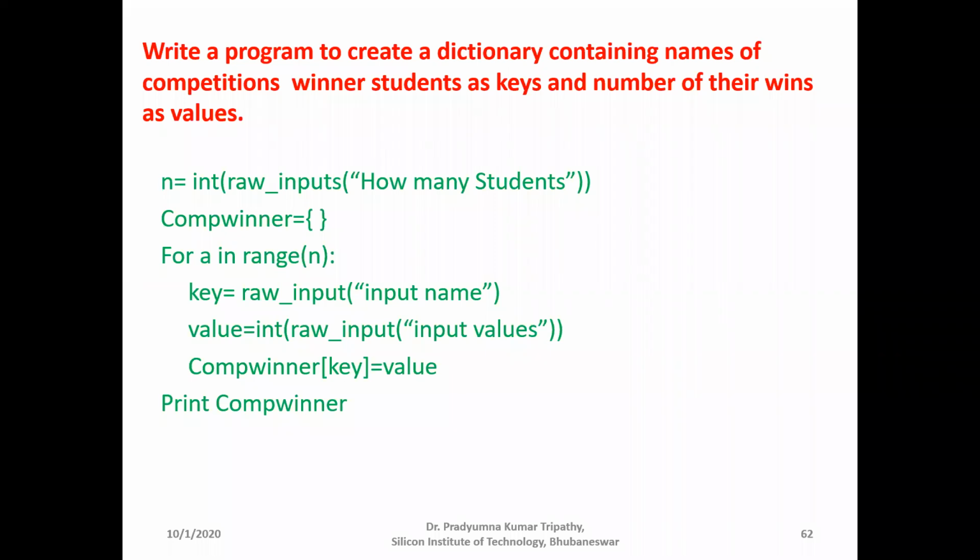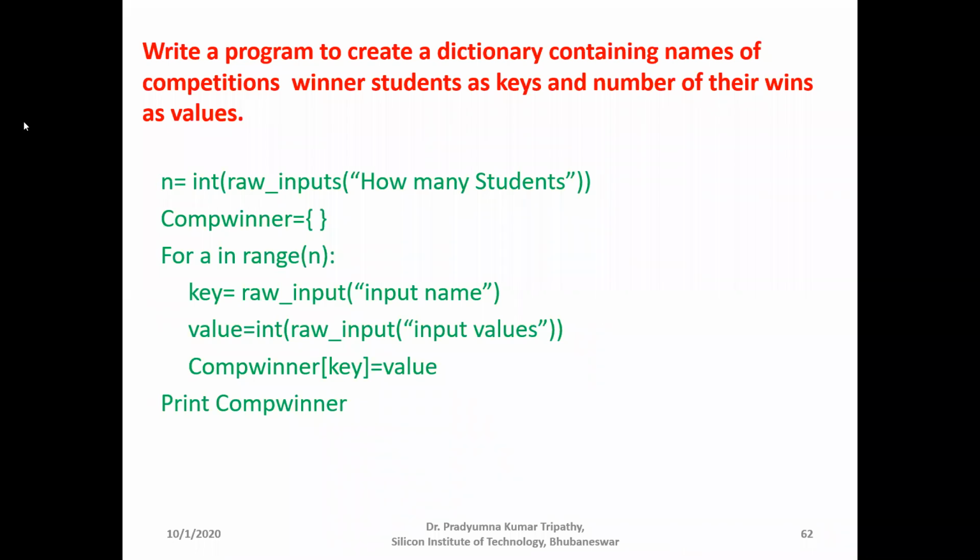The key is the name of the student who is a competition winner. And the value is how many wins they have. So if I say Abhishek 3, that means Abhishek has won 3 events. Puja 5 means Puja has won 5 competitions, correct?